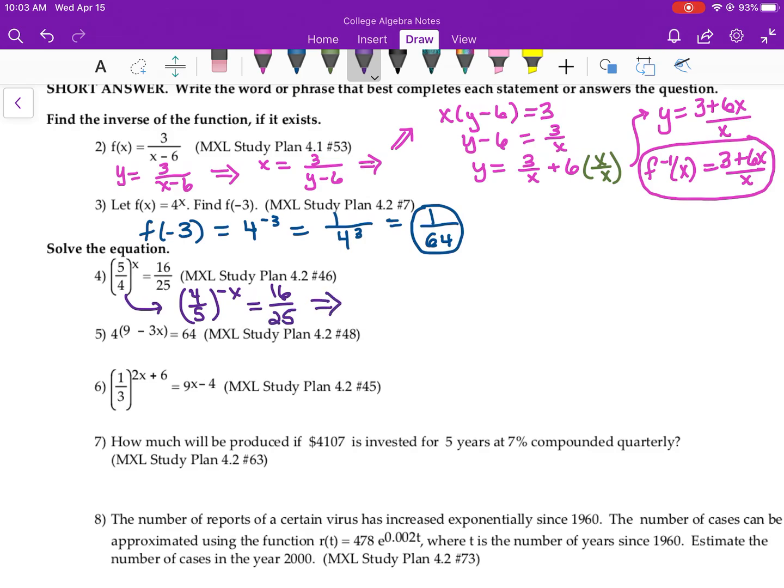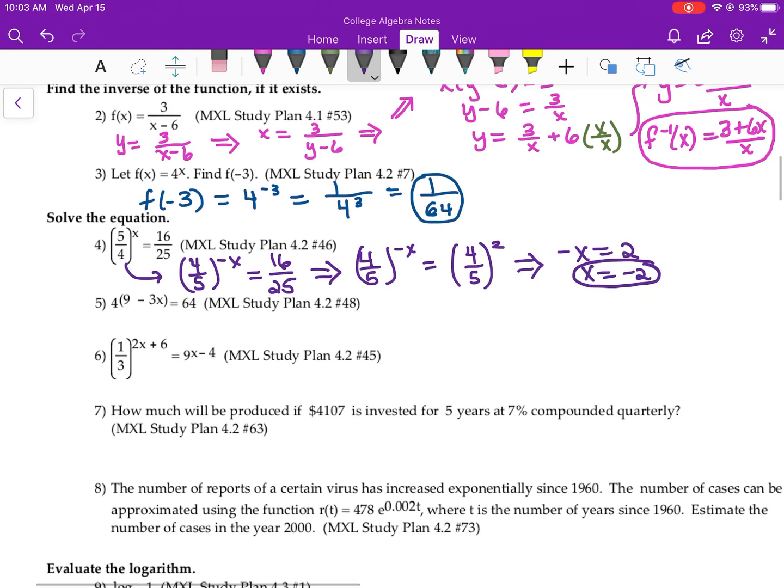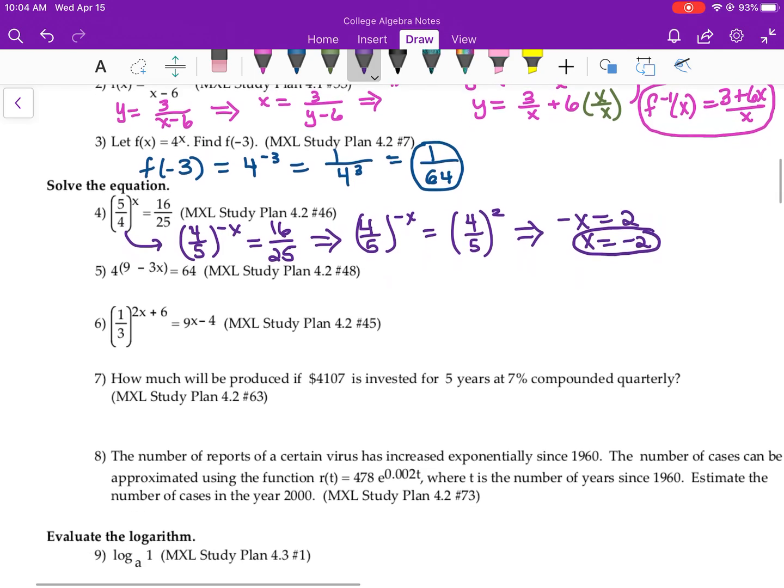My next step would be to write 16 over 25 with the same base of 4/5. So that is 4 over 5 squared. From there, I'm going to do negative x equals 2. And I did that by dropping the bases and setting the exponents equal to each other.